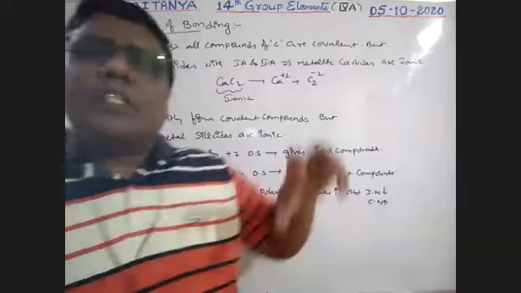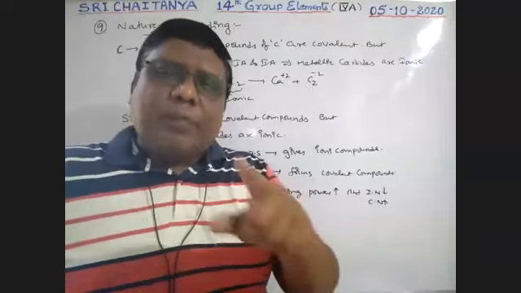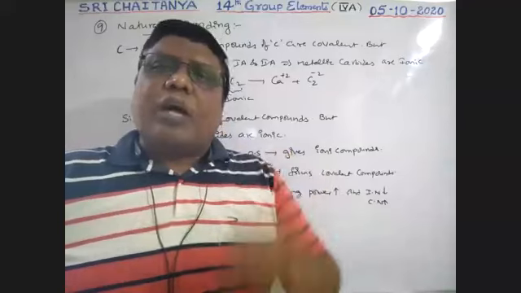That means the more positive the charge, the more the covalent nature. That is why +4 compounds are covalent and +2 compounds are ionic.